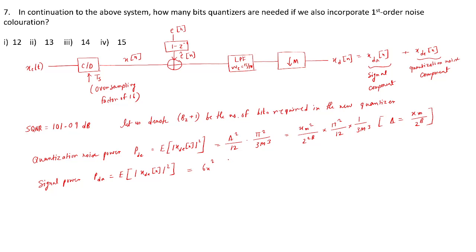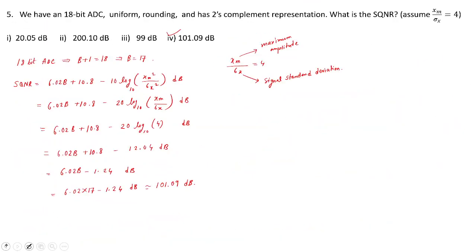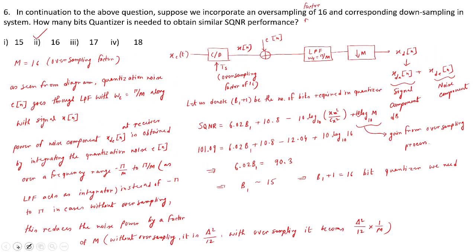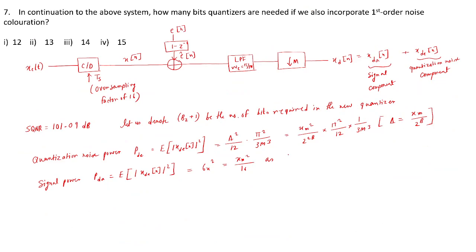Also signal power is the variance of the signal, which we can obtain as x_m square by 16, as you remember here it is given that x_m by sigma_x is 4. As x_m by sigma_x is 4, that implies sigma_x is x_m by 4. Therefore sigma_x square becomes x_m square by 16.